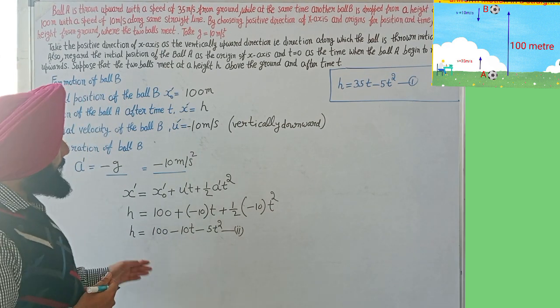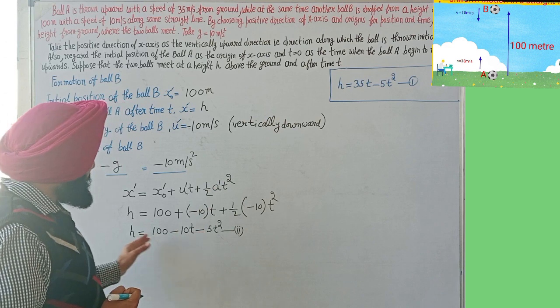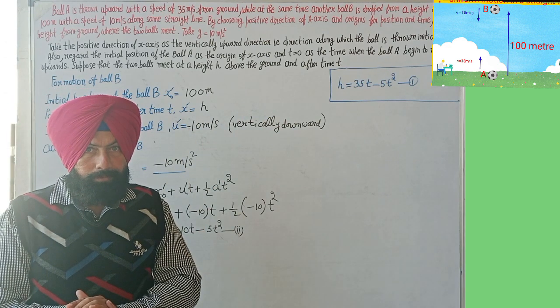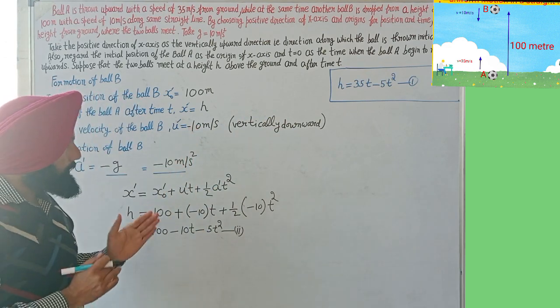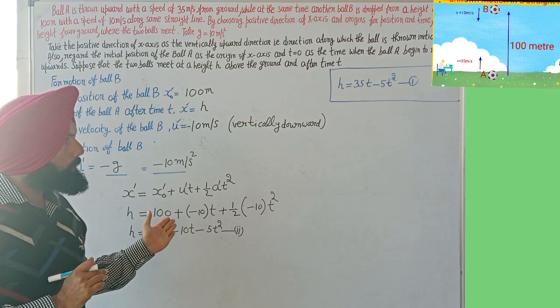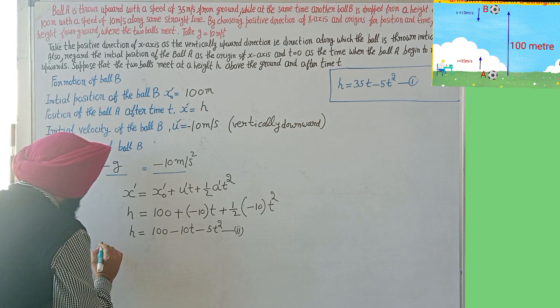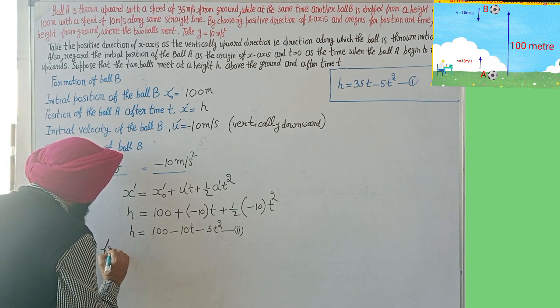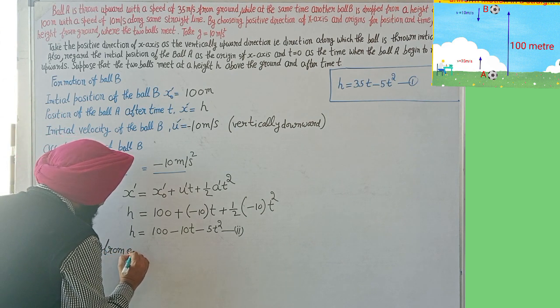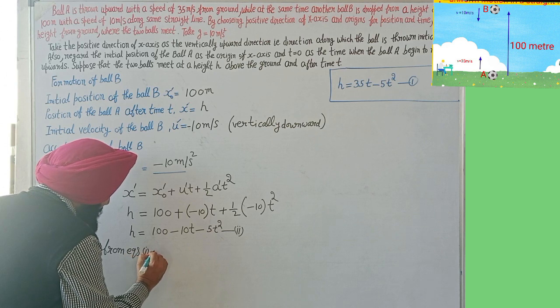Now the left hand side from equation 1 and 2 is h. So from equations first and second, left hand side equal, so right hand side equal.